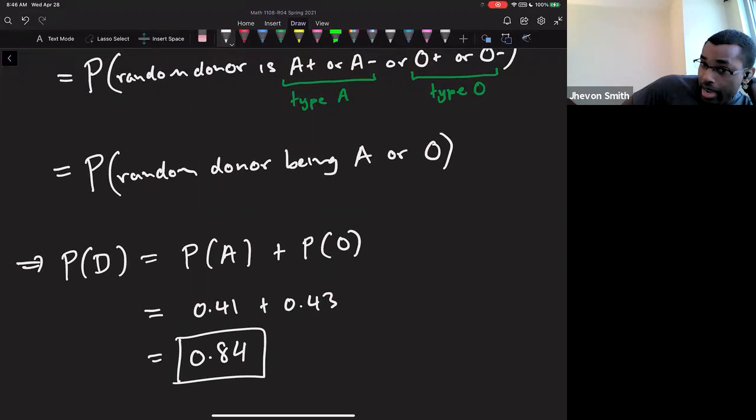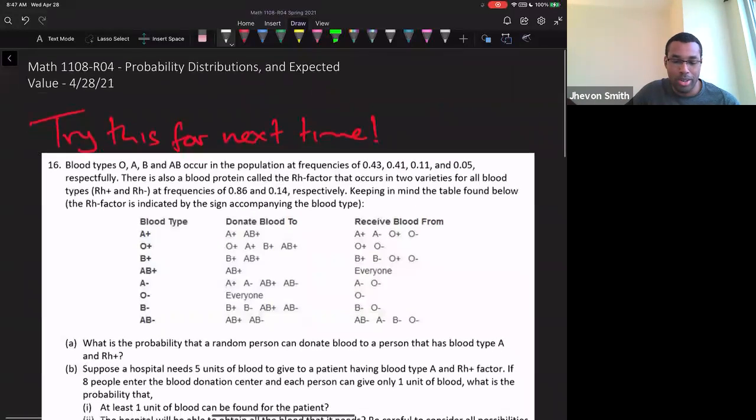If you're A positive and you walk into a blood bank or a clinic and you need blood, there's an 84% chance that any random person would be able to donate blood to you, which is great. I think there are some blood types where it's not so great. AB positive, they're awesome. Anyone can donate to them. If you have blood, I'll take it, right? O negative can donate blood to everyone, right?